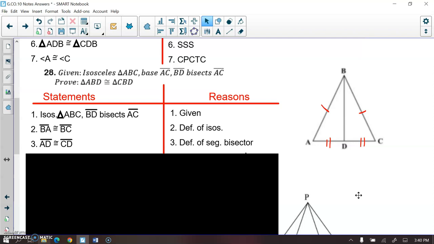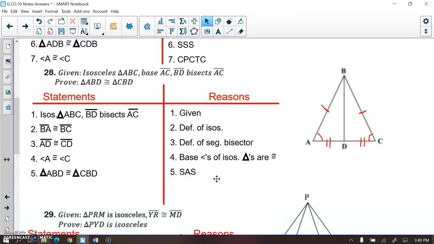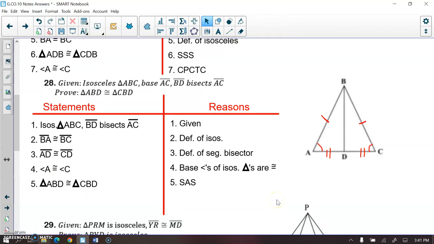I said that angle BAD was congruent to angle BCD because base angles of isosceles triangles are congruent. Since we're not trying to prove that base angles of isosceles triangles are congruent, I can use that as a reason in my proof. So now I can say that my triangles are congruent by SAS. But again, you could have also used SSS to show that these two triangles were congruent. It was up to you.